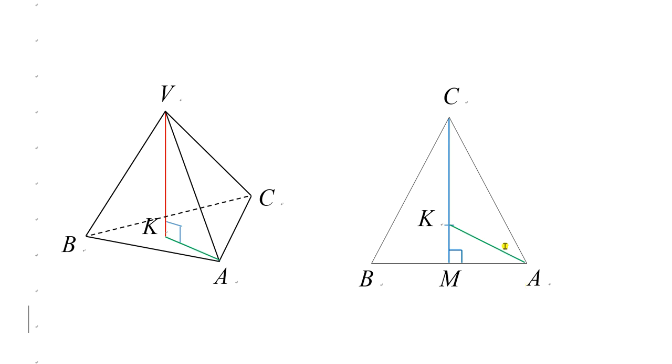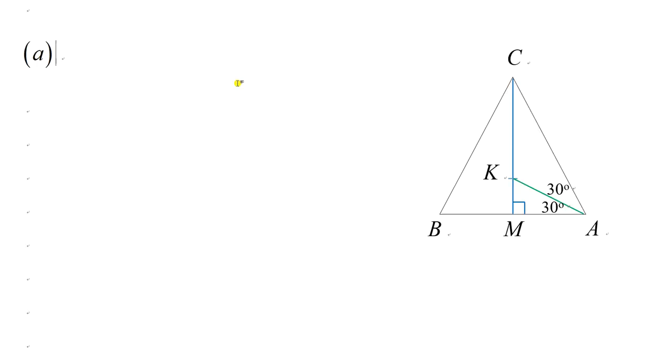Second method, since this is an equilateral triangle, K will also be the incenter of triangle ABC. And that means AK will be the angle bisector of angle CAB. Therefore, angle KAM will be 30 degrees. Then you can find AK. So let's start the work.